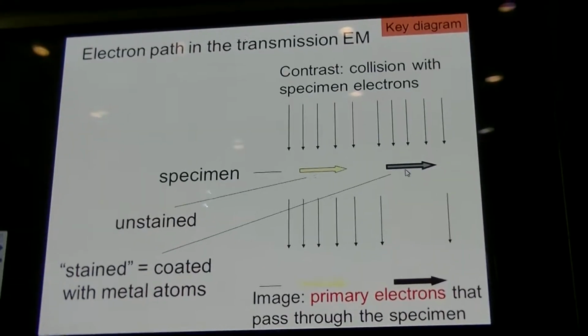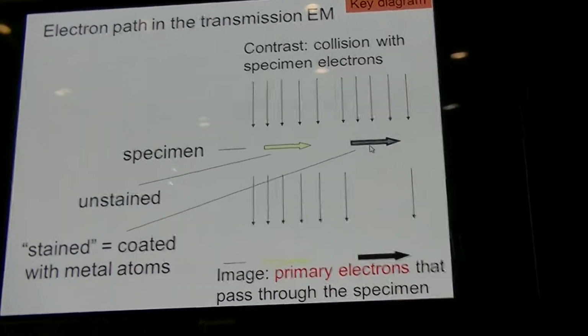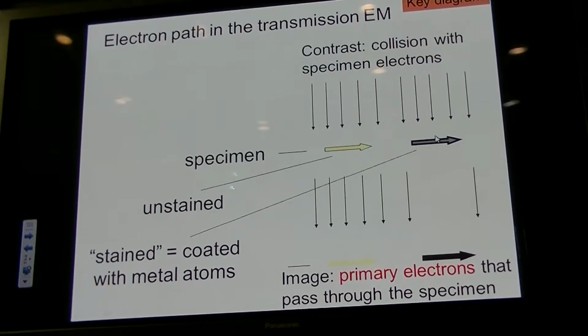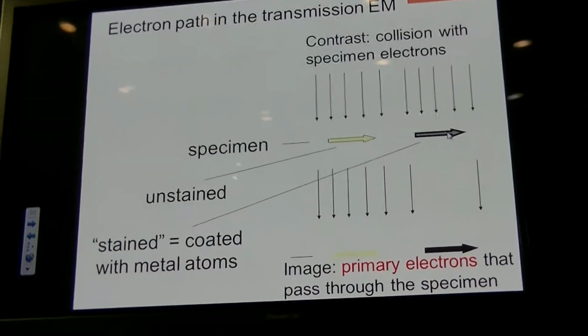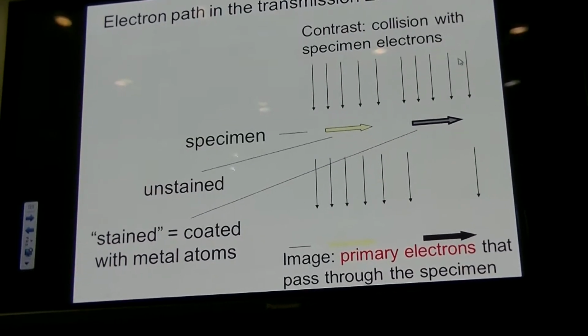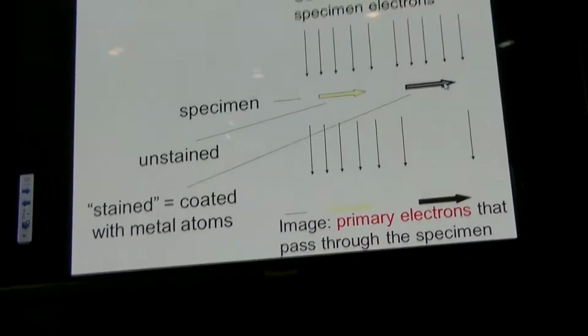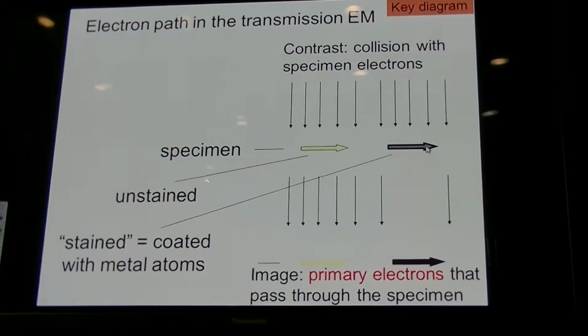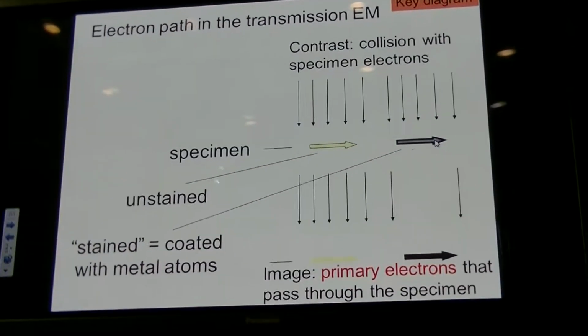So in order to get contrast, you have to add heavy metals, depicted here by my gray color on this darkened arrow. Because of that, many electrons interact with the electrons that circle around, so to say, the heavy metal atoms attached to our specimen.